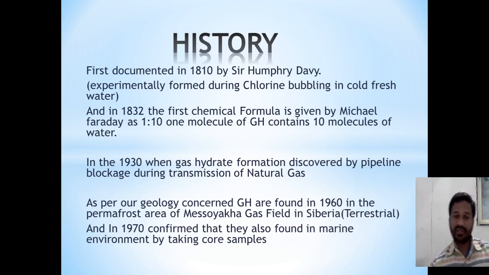On the terrestrial side, while correcting some leakages in the gas pipeline, they suddenly found some ice cubes catching fire and burning. In 1970 it was confirmed that they also found it in the marine environment by taking core samples. We will see that in the next slide.